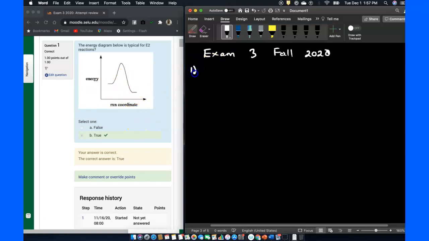So question 1, the energy diagram below is typical for... Okay, so in the diagram, there's several things I see. Our reactants are right here, our products are here, and up here is one transition state. So it's only one TS. Whenever you have one transition state, it means both reactants were involved in making it.